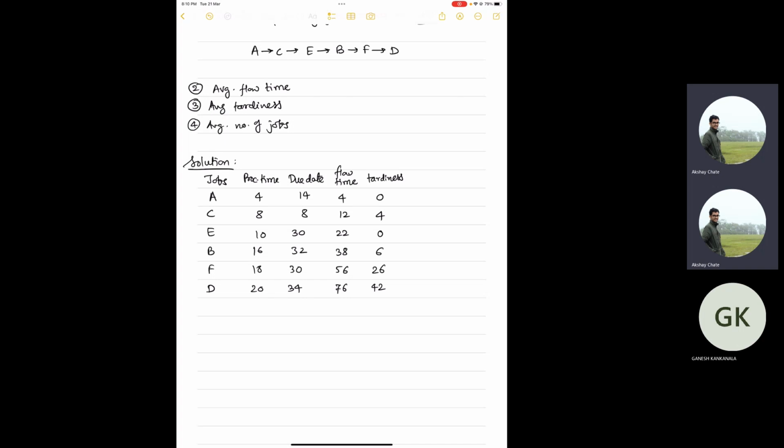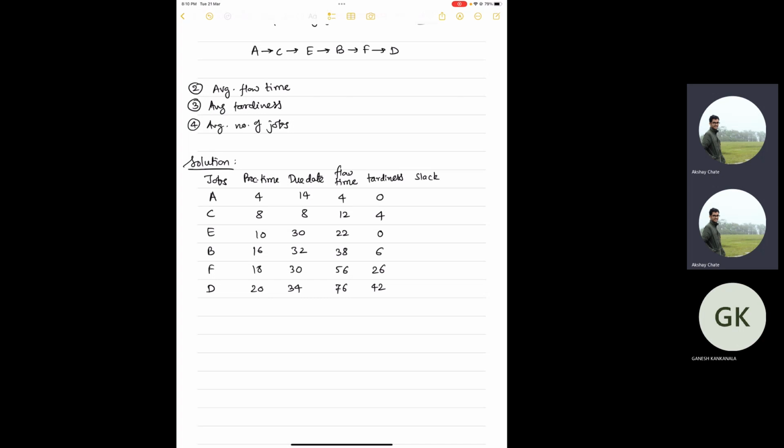And one more thing regarding slack. I'll just put the Slack column here, assuming we are at day zero, not somewhere in between, so that our calculations are easier. As the formula says, slack is due date minus your processing time.